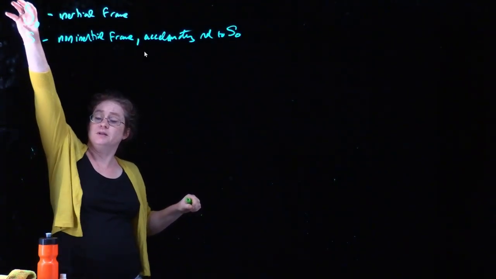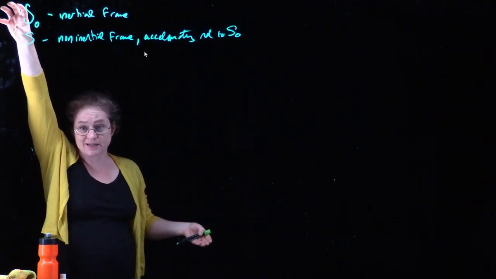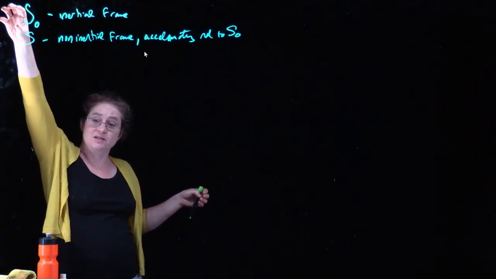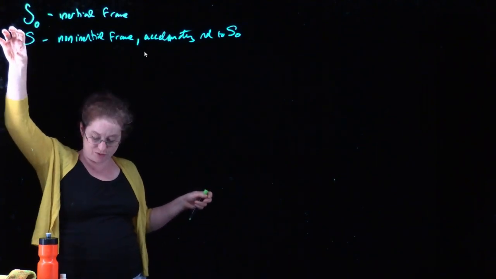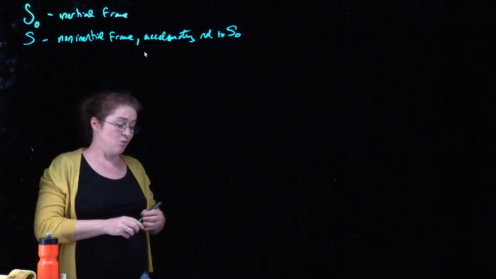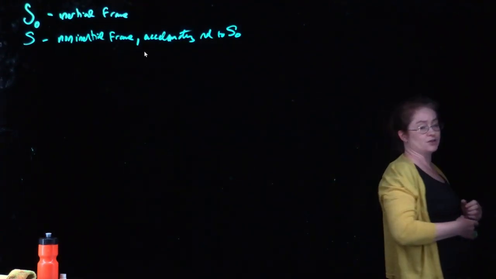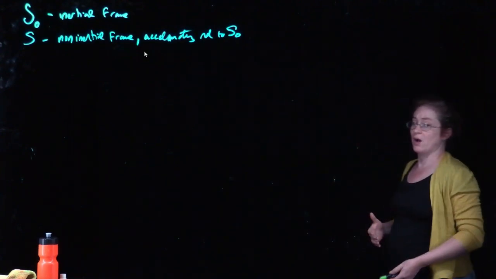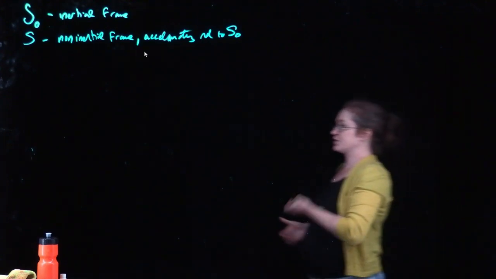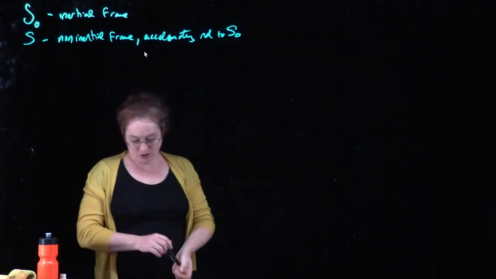For example, if you are standing still and watching a car pass by, this can describe the stationary reference frame, and this is the moving reference frame. Or you could have someone riding along on a train and tossing a ball up and down. Obviously if you're on the train, you see someone just tossing the ball, but if you're watching someone do this, you're going to see parabolic motion as the object is tossed.